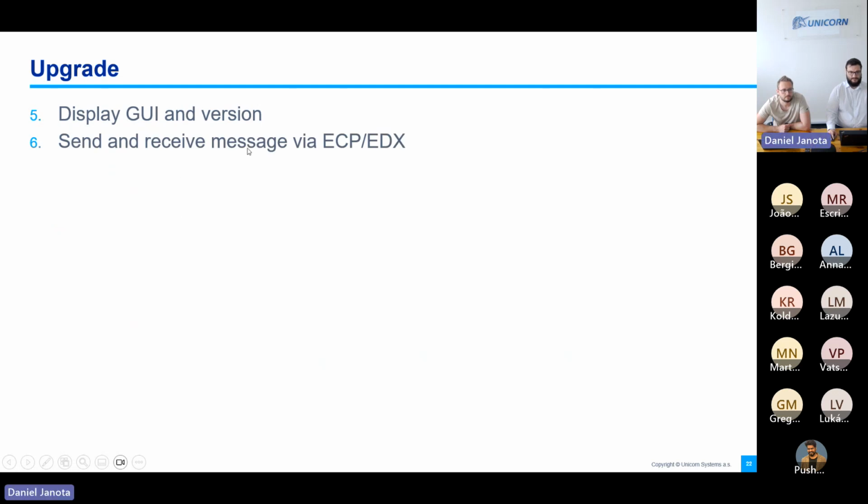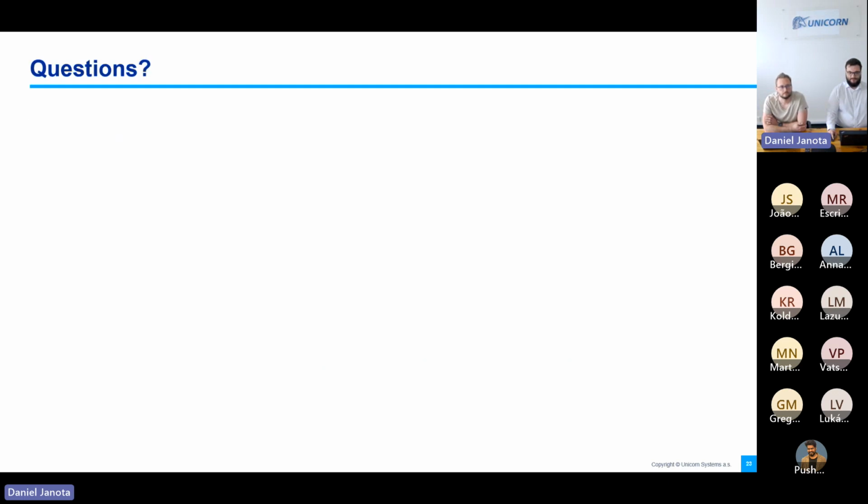We have shown the version, at least for EDX toolbox, and sent a message via the toolbox. So it will be everything for the upgrade part. So if you have any questions, you might ask.